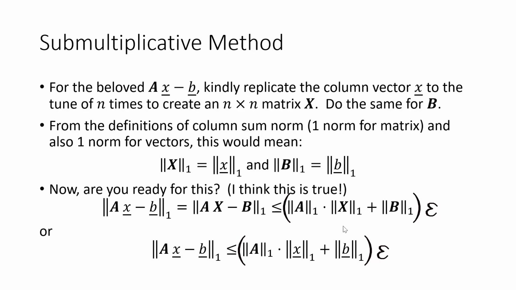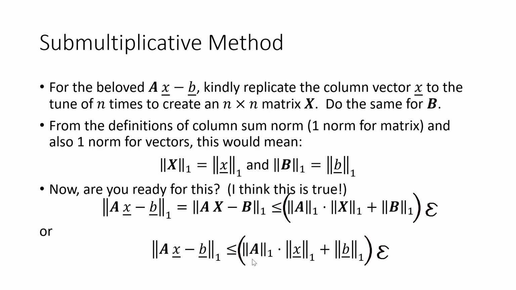And the last step is that I take the left-hand side and say that that's less than or equal to, where I substitute back in the 1 norm of the vector x and the 1 norm of the vector b.